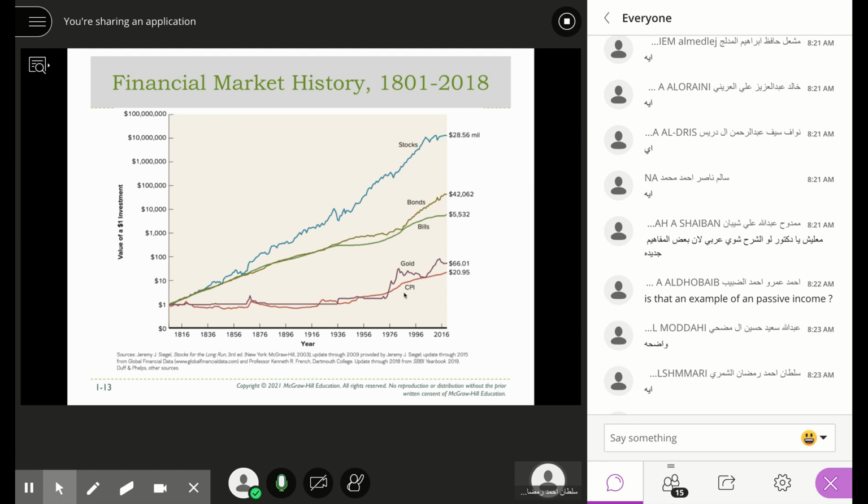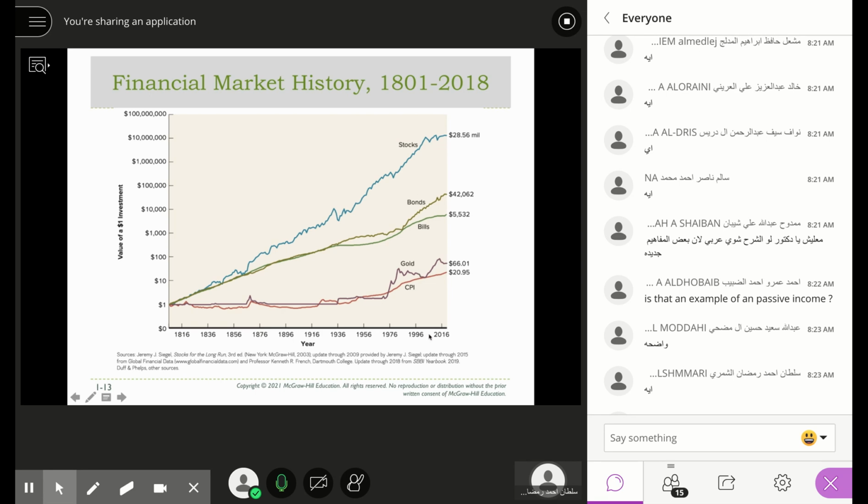If you do invest, let's say that you did, this is a hypothetical situation. Let's say that you did invest in 1816, $1. I know that it's 200 years. It's not realistic. However, if we think about it, it's a company that did invest, not a person. So a company could live for a very long time. So let's say that you invested $1 in 1816.